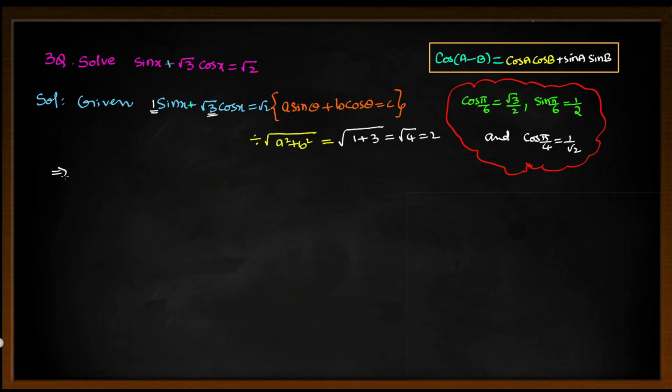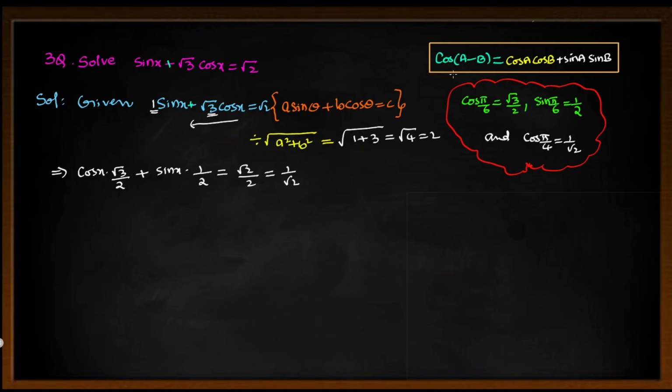If you divide the whole equation by 2, I want to convert this equation in the form of cos, so I am writing it from this. First write cos x with root 3 divided by 2, plus sin x with 1 divided by 2, equals root 2 divided by 2, and we know that root 2 by 2 is 1 by root 2.